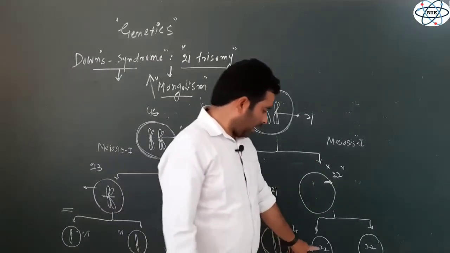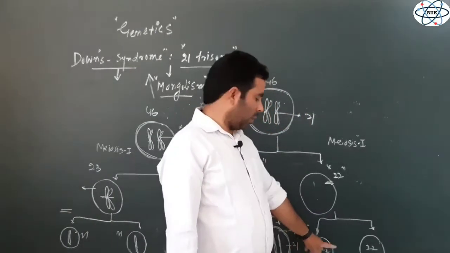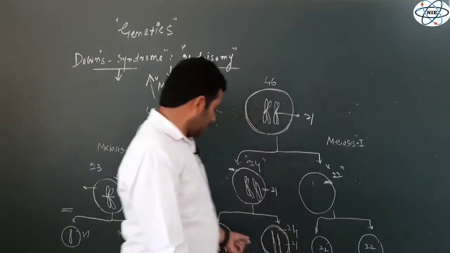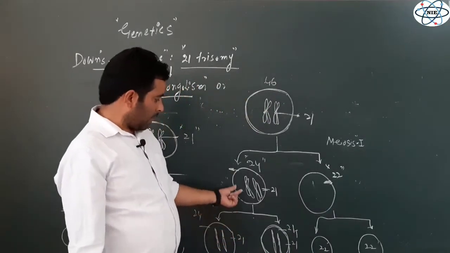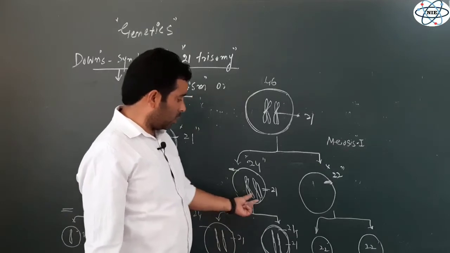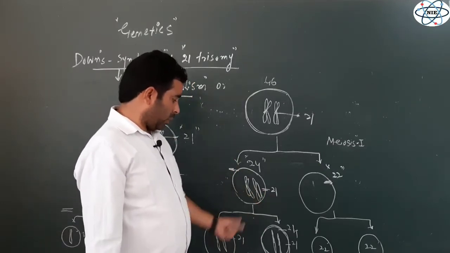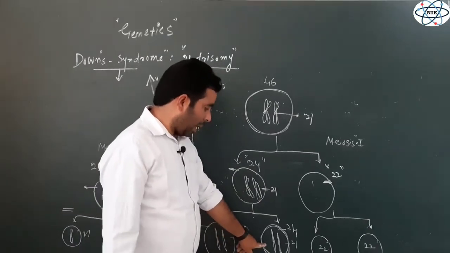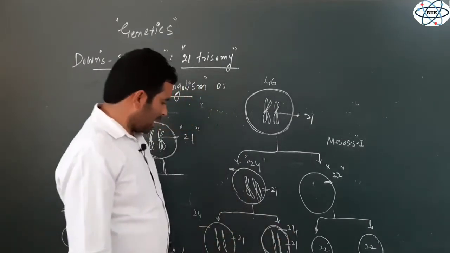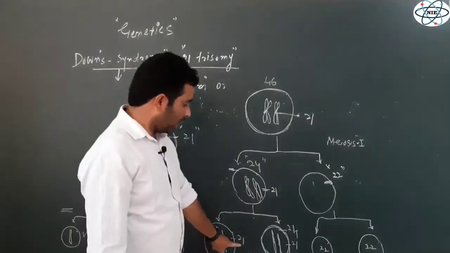So again these two daughter cells do not have the 21, they have lost their 21. But these cells, which developed from the cell which had received the 21 already in meiosis first, have two copies of 21. So again these two cells have 24 chromosomes, and the extra copy is 21.